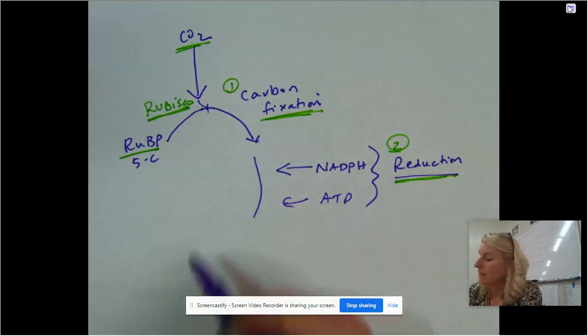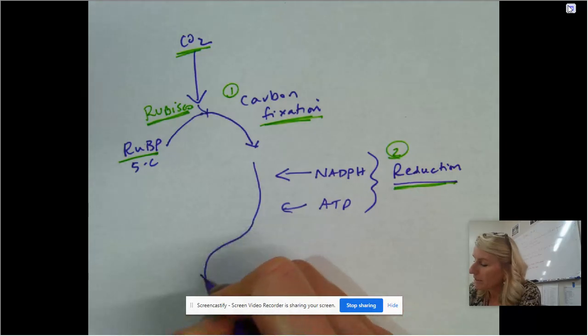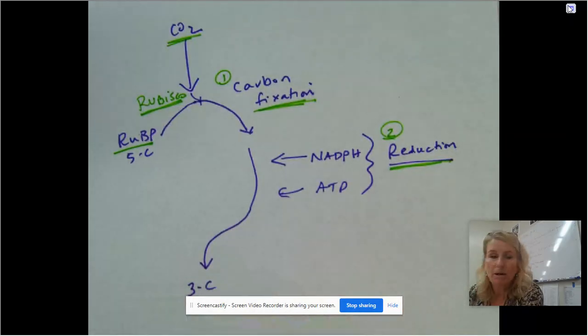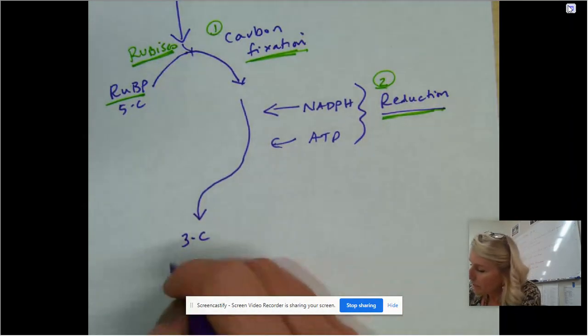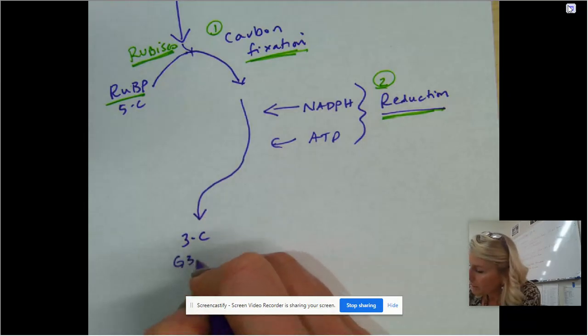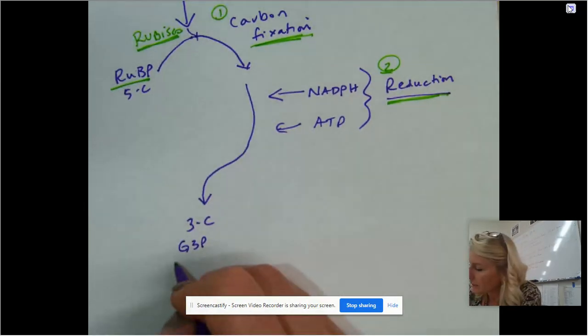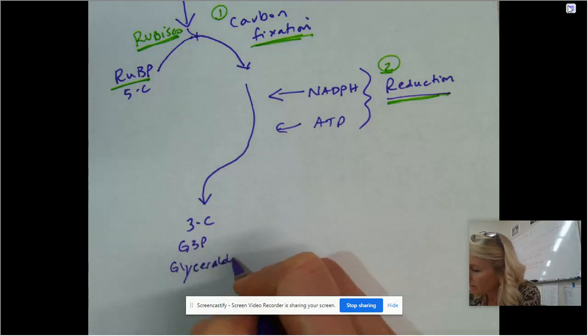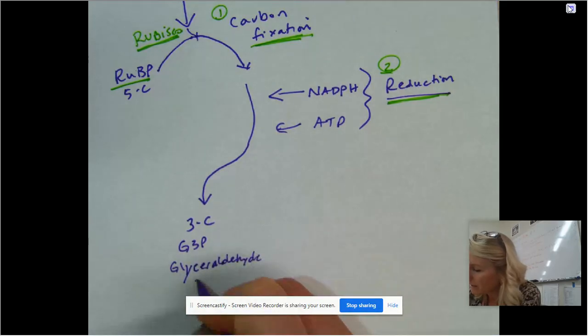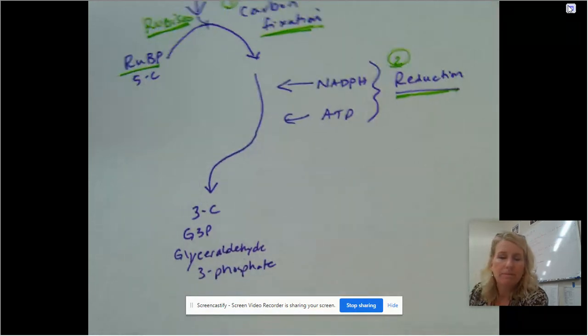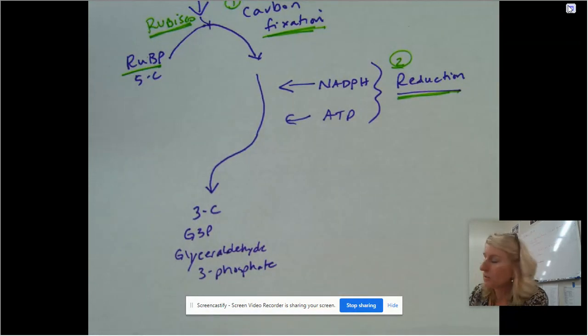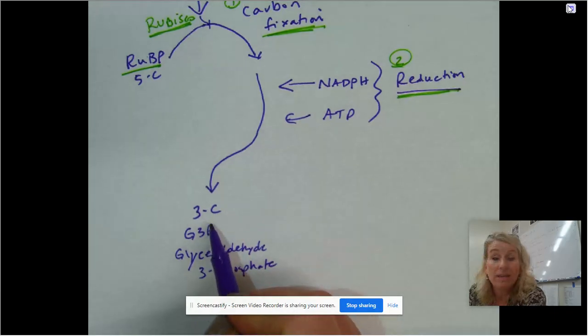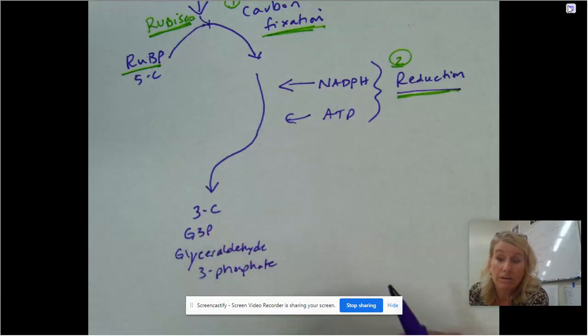Remember, at this point, we are spitting out a 3-carbon molecule of, you can call it G3P, or its real name is glyceraldehyde 3-phosphate. So glyceraldehyde 3-phosphate. It's 3 carbons. We need 2 of these to make 1 glucose.